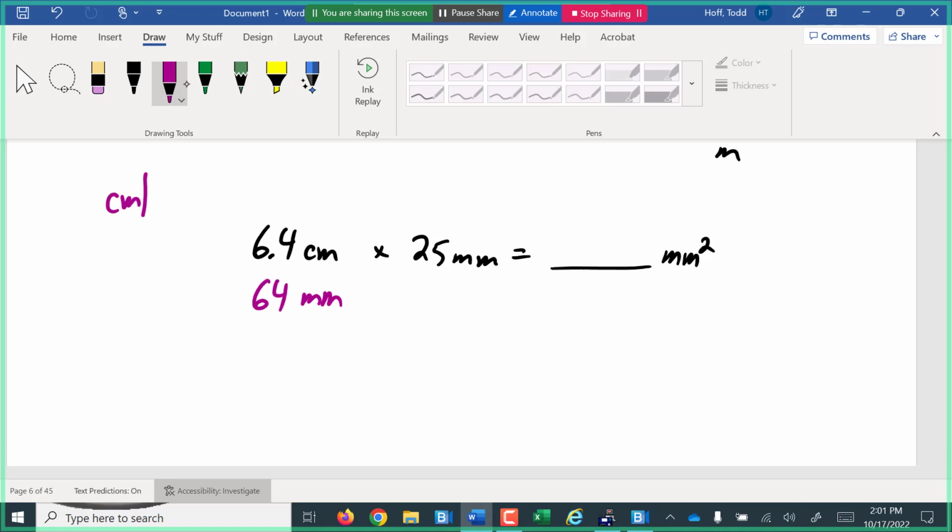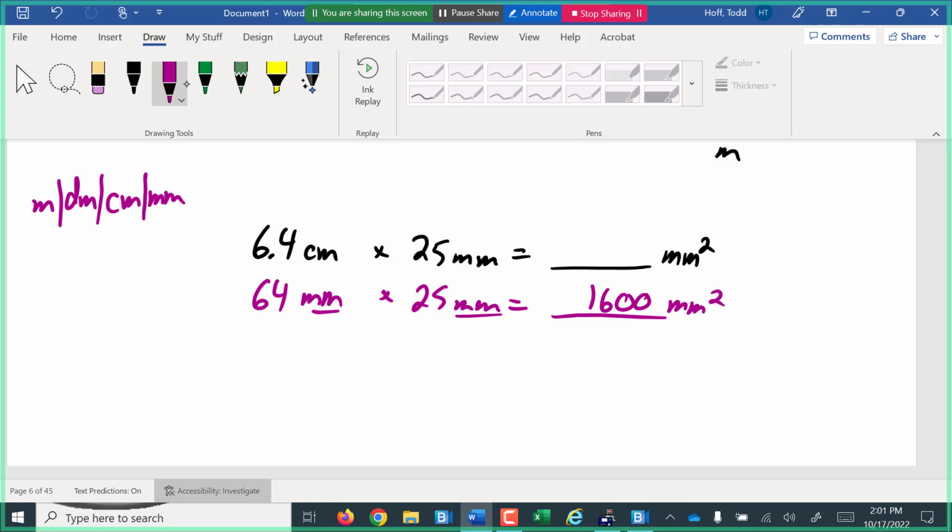Because from centimeters to millimeters, they're right next to each other. So then 64 times 25 gives us what? 1,600. Millimeters times millimeters, of course, is millimeters squared.